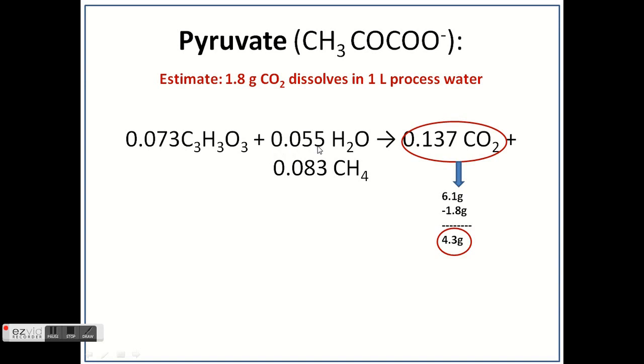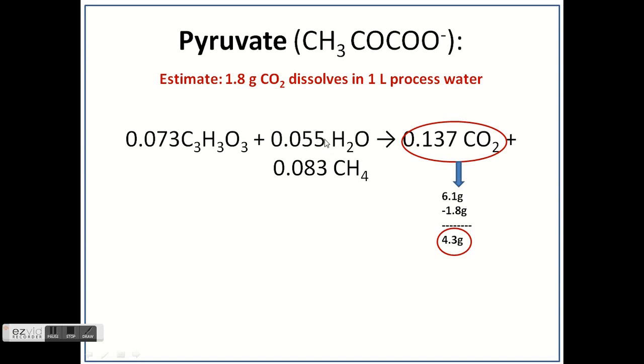So if we look at this reaction, we'll be producing 0.137 moles of carbon dioxide, and this would give us a mass of 6.1 grams. The mass is just the molar mass times the number of moles.